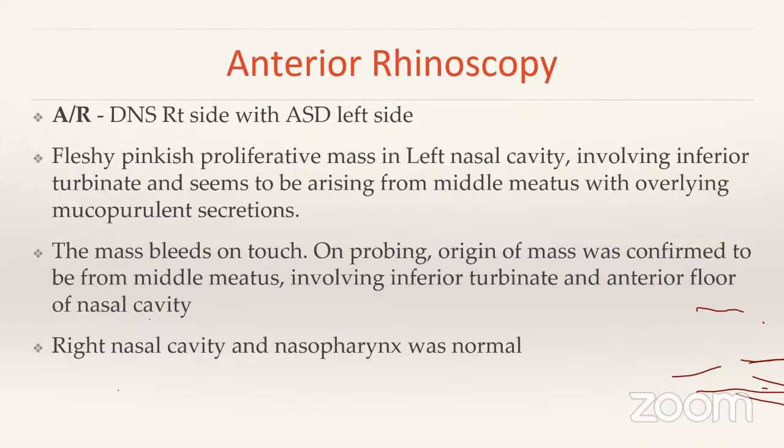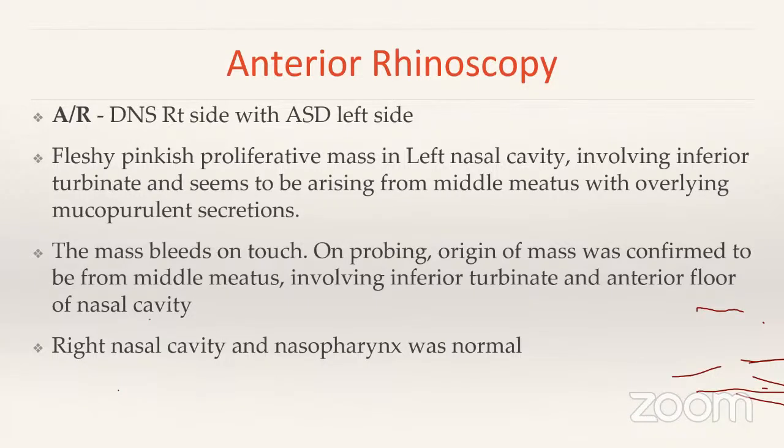Sir, next is anterior rhinoscopy I have done, sir. On anterior rhinoscopy, there is DNS, deviated nasal septum on the right side with anterior septal dislocation on the left side. There is a fleshy pinkish proliferative mass seen in the left nasal cavity involving the inferior turbinate and seeming to arise from the middle meatus with overlying mucopurulent secretion, sir.